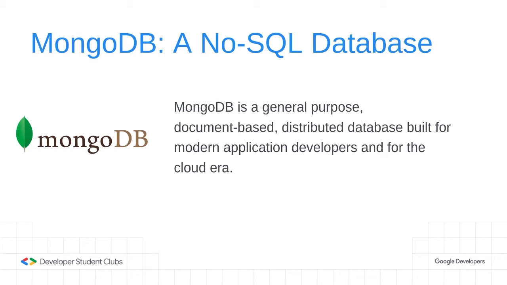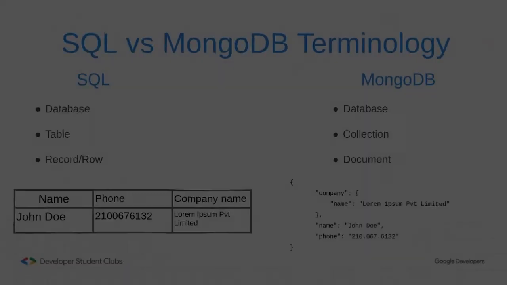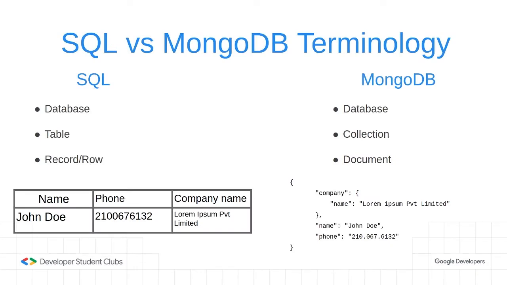Now let's talk about what a NoSQL database is and how it is different from a traditional SQL database. So in SQL databases, a database contains tables which contain rows which have fields that hold the data. On the other hand, in NoSQL databases like MongoDB, databases comprise collections which in turn have a number of documents.